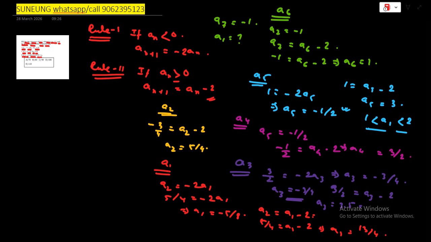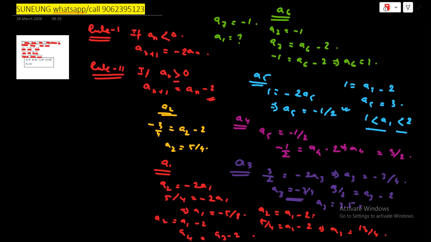If a_1 is between 1 and 2, it's positive. So a_2 is a_1 minus 2. Since a_1 < 2, a_2 must be negative. And if a_2 is negative, a_3 is minus 2a_2, which will be positive. So if a_3 is positive, a_4 will be what? a_3 minus 2, right? So let's run it forward from a_1.